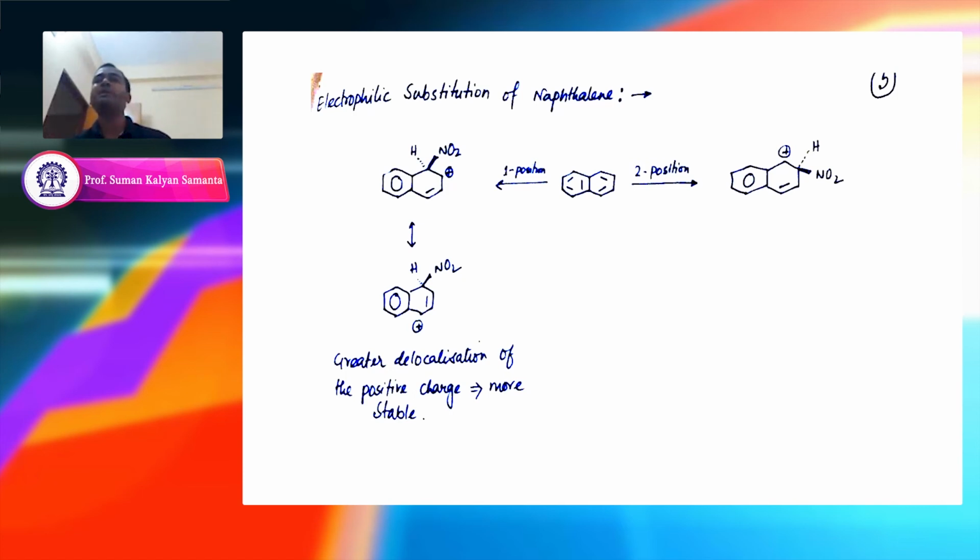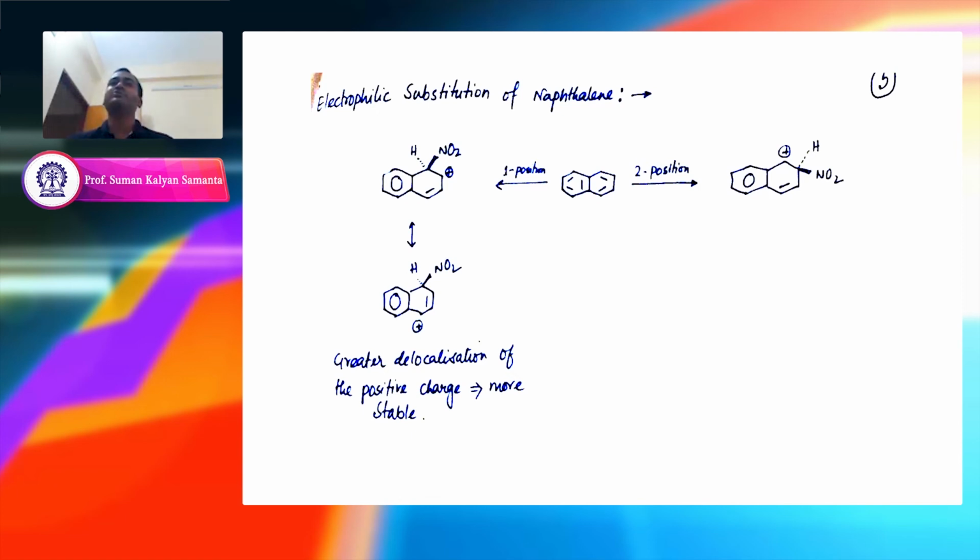So first you take naphthalene, that is in the middle, and then you can react. At what position will it react if you take, let's say, nitration? There are 2 possible positions as you can see: the 1 position at the top and the 2 position, the beta position, like here.